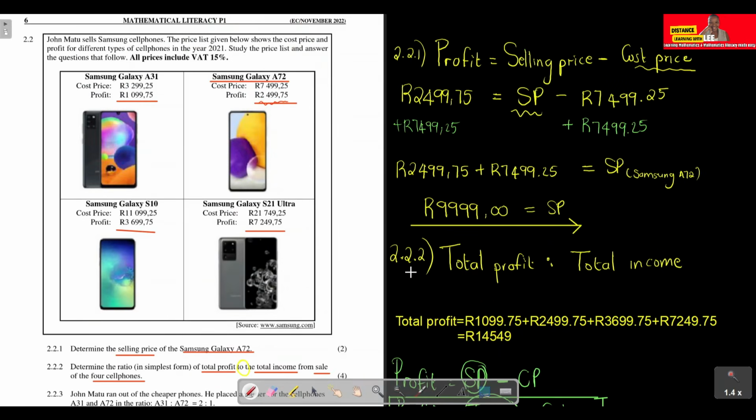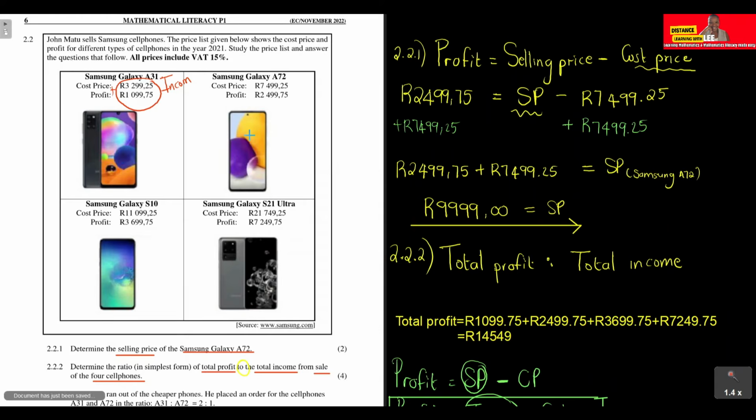So what are we going to do in this case? We're going to add up the cost plus the profit, because if you add cost and profit, that gives you the income. If you add these two values together, that gives you the income for selling the Samsung Galaxy A31. If you add these two values, that gives you the income for selling the Samsung Galaxy A72.